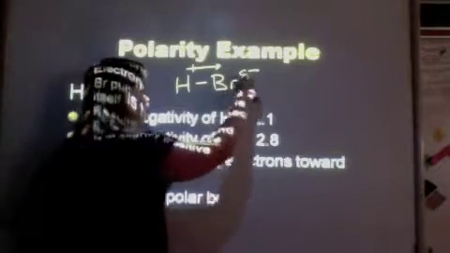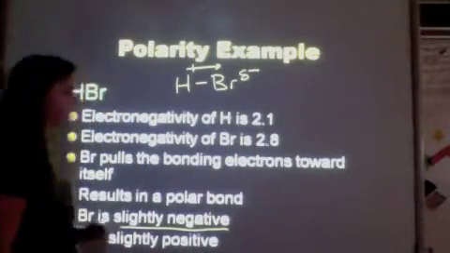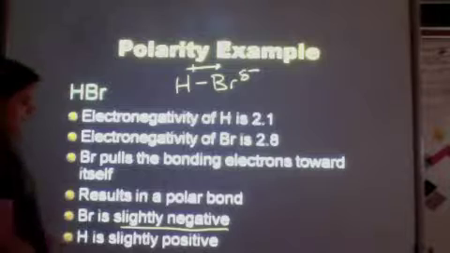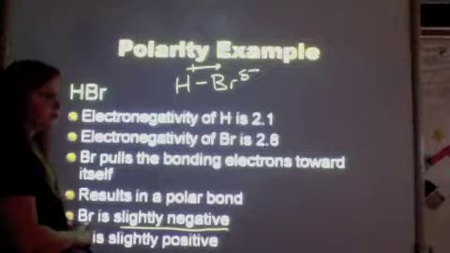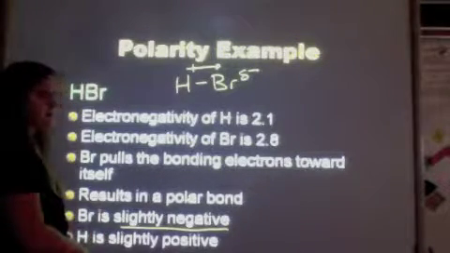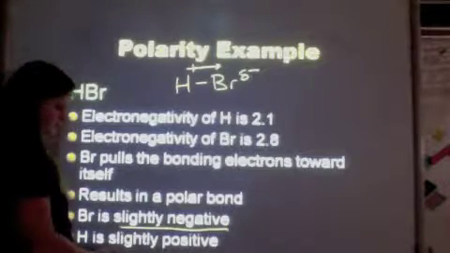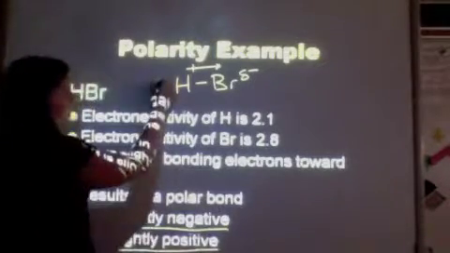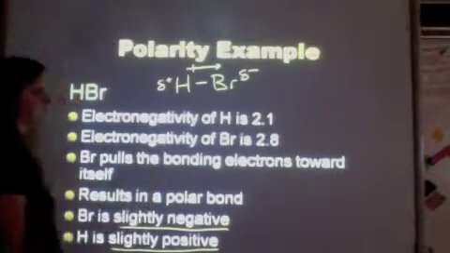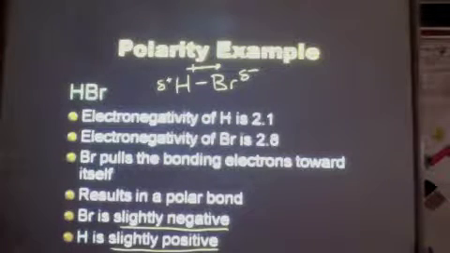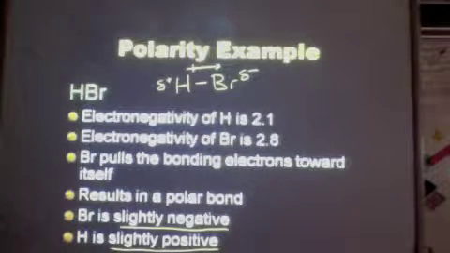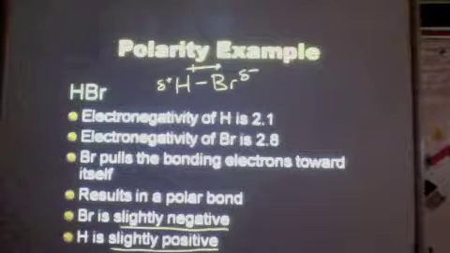This means partially negative. Then you get hydrogen. Since bromine's being the electron hog, hydrogen's not getting all the electrons that it needs, so it becomes slightly positive. Now, when you get a bunch of these together, with all these partial positives and negatives, you get more attraction between the actual molecules.